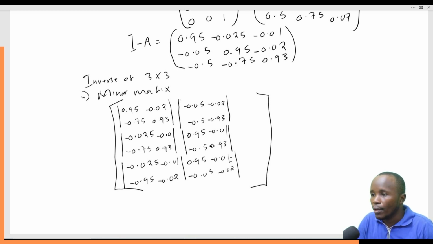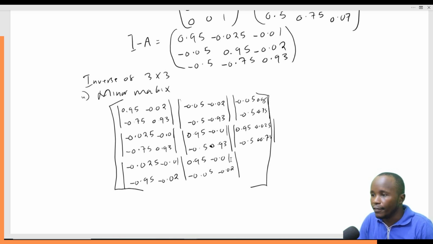Here we have negative 0.05, 0.95, then we have negative 0.5, negative 0.75. Second row, that column, we get the minor there. This is 0.95, negative 0.025, then negative 0.5, negative 0.75.